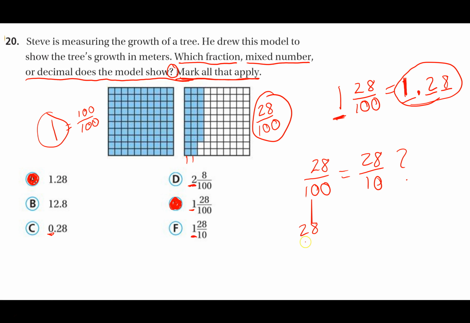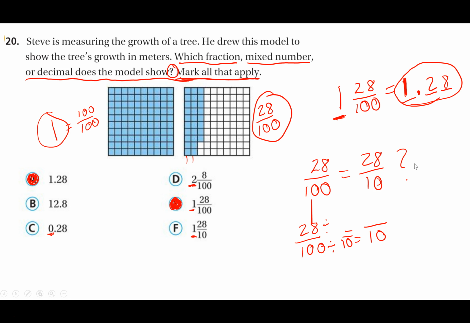If I want to go from 28 hundredths and I want to find an equivalent fraction with the denominator of 10, I'm getting smaller, so instead of multiplying, I'm going to divide the top and the bottom by the same number. 100 divided by 10 is in fact 10. And then I have to divide the top number by the same thing, 28 divided by 10, which we haven't even got to yet, so that should be a clue that it's probably not going to be the correct answer.